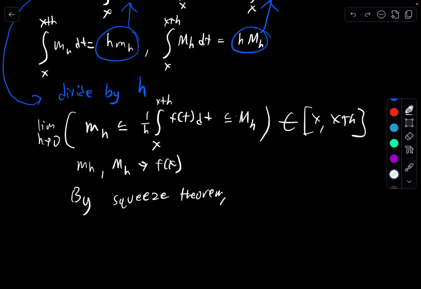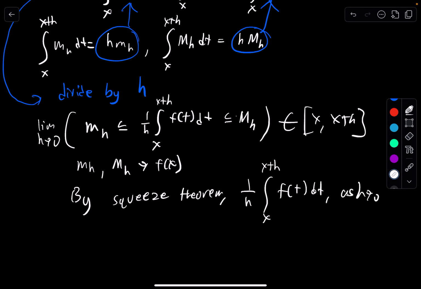So 1 over h, integral from x to x plus h of f of t dt, as h goes to 0, must go to f of x.